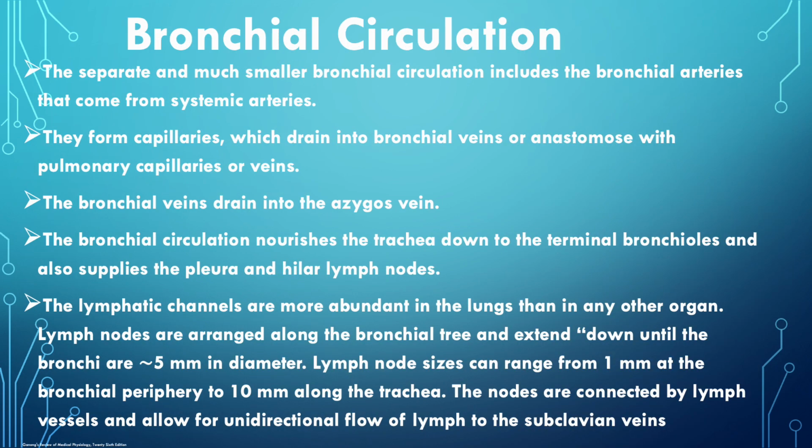So bronchial circulation: the separate and much smaller bronchial circulation includes the bronchial arteries that come from the systemic circulation, from systemic arteries. They form capillaries which drain into the bronchial veins or anastomose with pulmonary capillaries or veins.